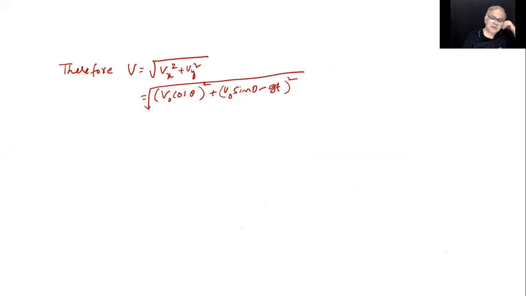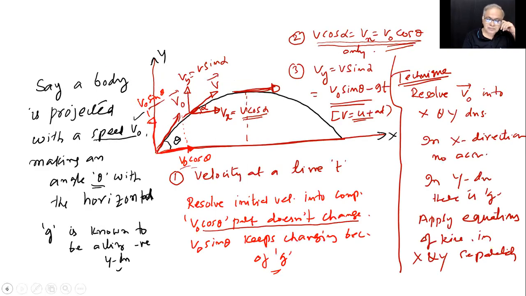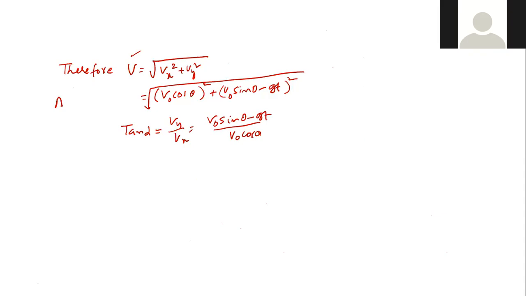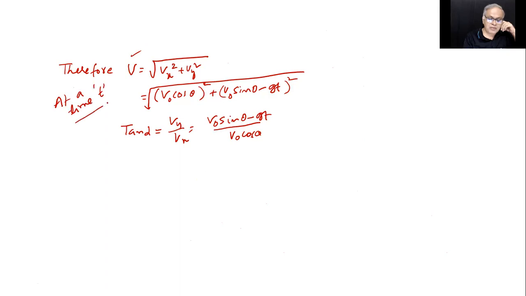And tan alpha equals, even alpha you require, not only the magnitude, Vy by Vx. Tan alpha is this component by this component. So that is V0 sin theta minus gt by V0 cos theta. So therefore, at a time t, it is that.